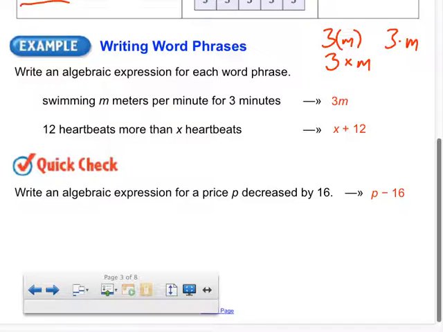You're subtracting 16. Got it? Okay. Sometimes what's useful is I would actually put a number into the phrase, like 7 decreased by 16. And then hopefully that'll help you understand which is the order, okay? And that would give you a negative number, but you get the idea. Okay. Any questions? Can I move on?